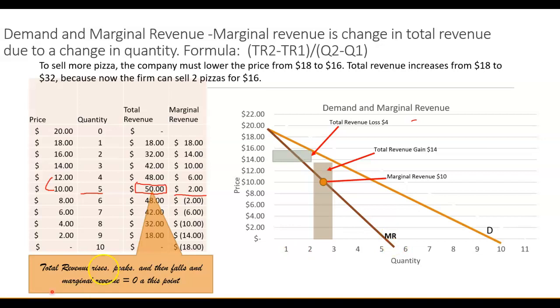So this is a point of interest to us because at this point, and this is an important thing to remember, total revenue is maxed. Write this in your notes.